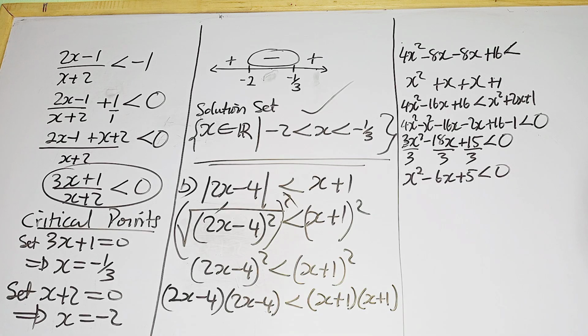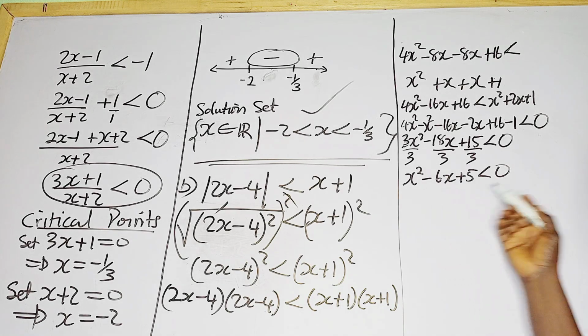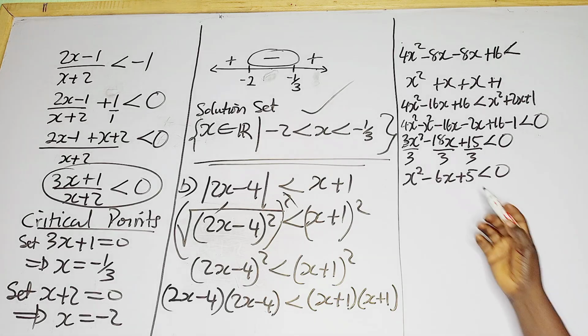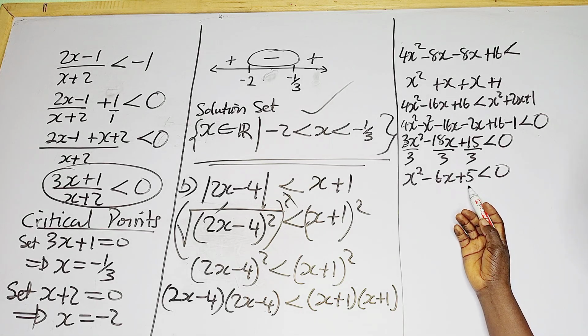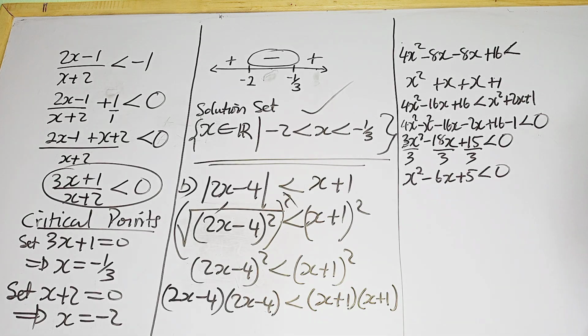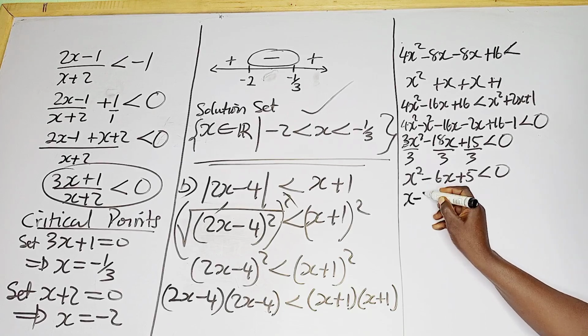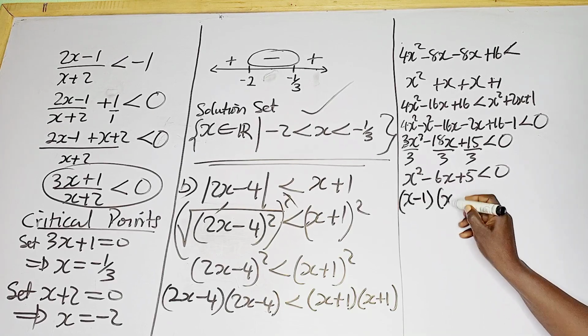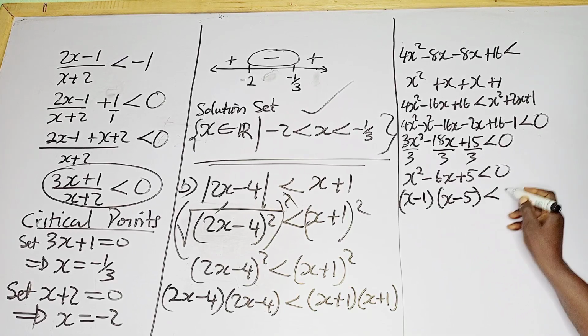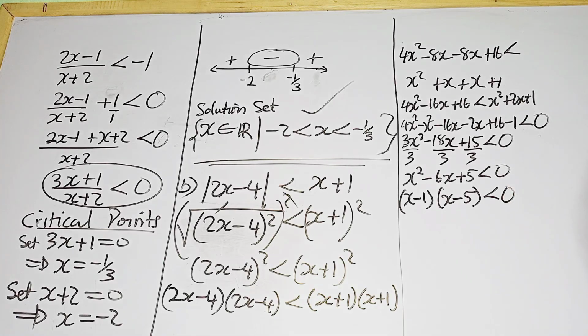Now what we have to do here is to factorize this left hand side. What are the factors of 5 that will give us negative 6? We have negative 1 and negative 5. So this factorizes into x minus 1 times x minus 5 less than 0.